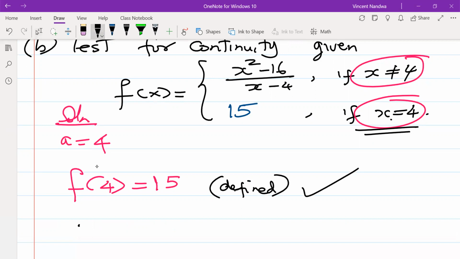Condition 2, let's get the limit as x approaches 4 of the function. And remember, when you say x is approaching 4, it does not necessarily mean that you are already at 4. So this will be the limit as x approaches 4 of f of x. Which formula do we use now?